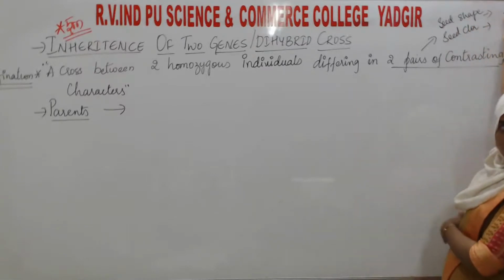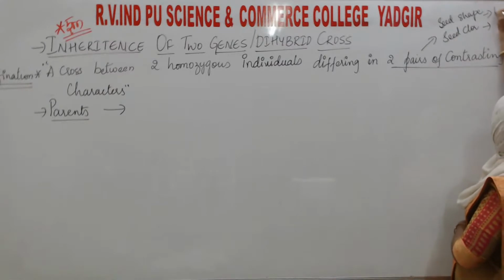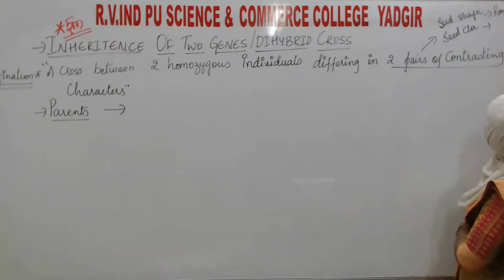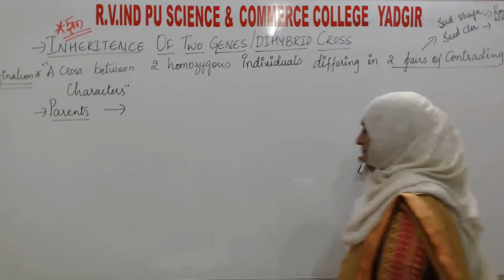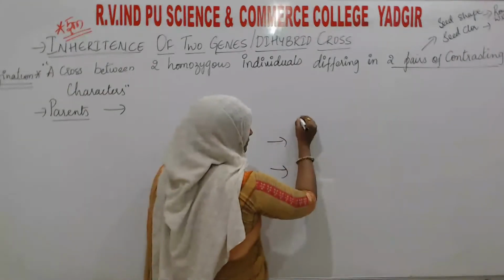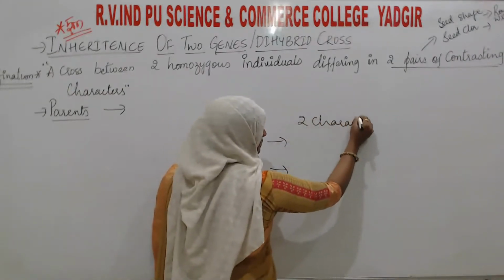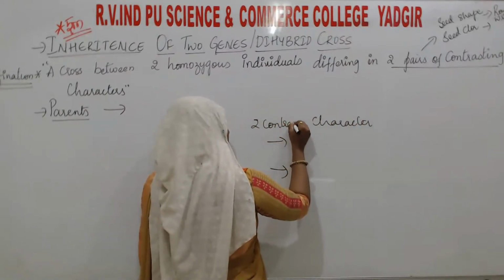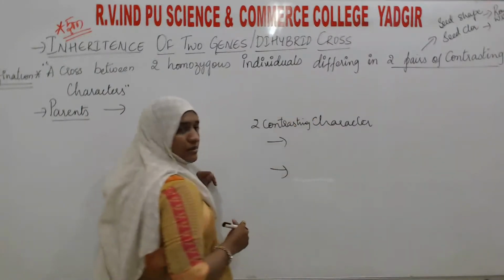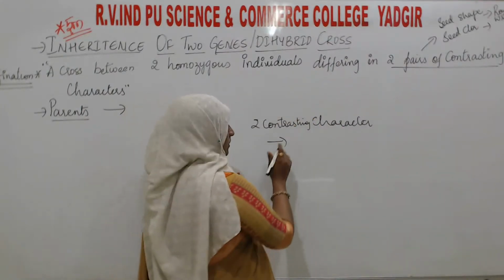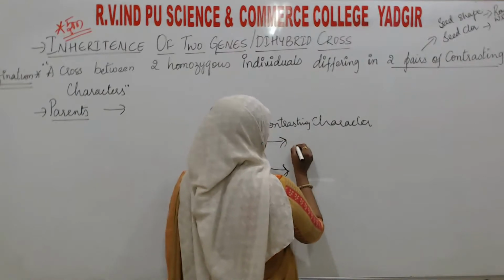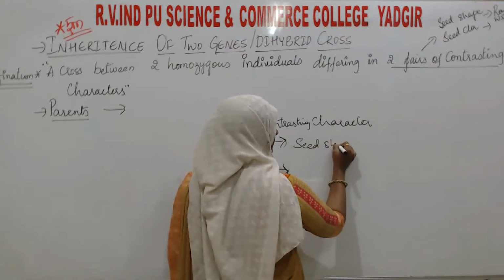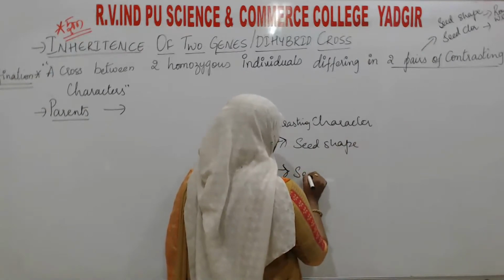Seed shape is round, and contrasting opposite to this is wrinkled. What are the two contrasting characters? One is seed shape and another is seed color.